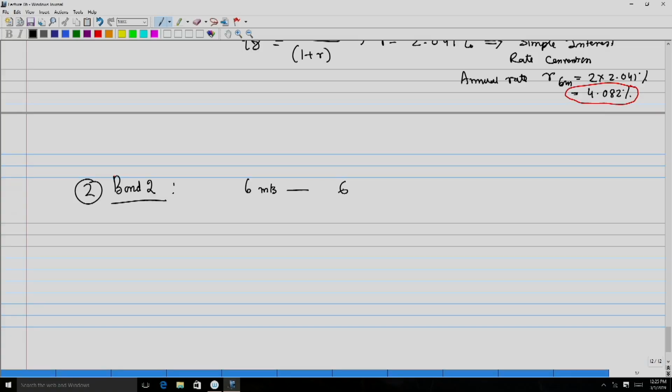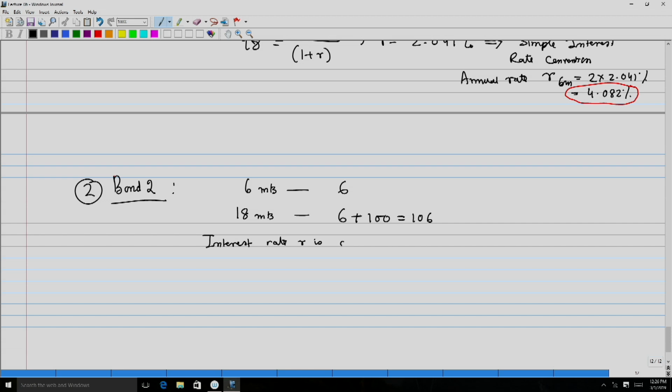So, that means the coupon payment is going to be equal to 6, and at the end of 18 months, you are going to receive again a coupon of 6 plus the nominal value or the face value of 100, that is 106.